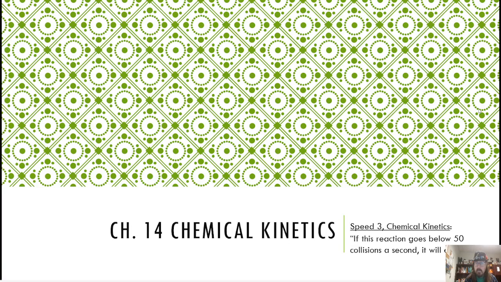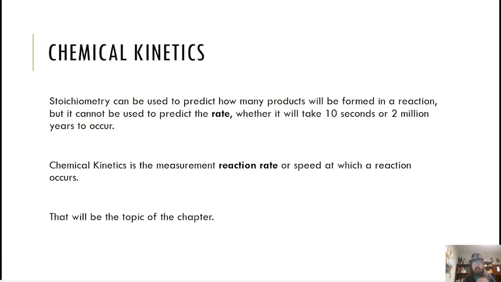Chemical kinetics. Okay. So the idea here is that while stoichiometry can be used to predict how many products we should expect to be formed in a reaction, that has no bearing on how fast this will occur.